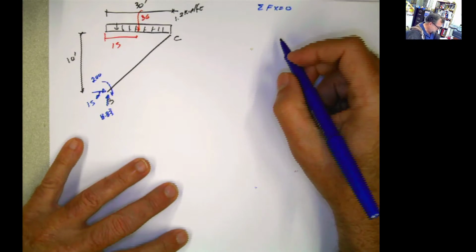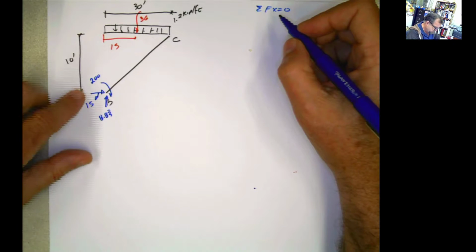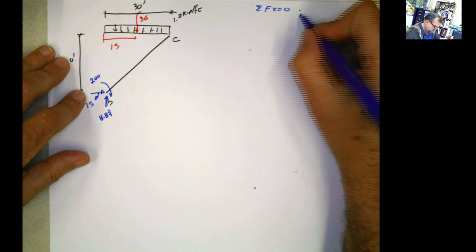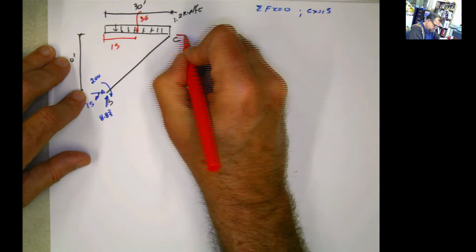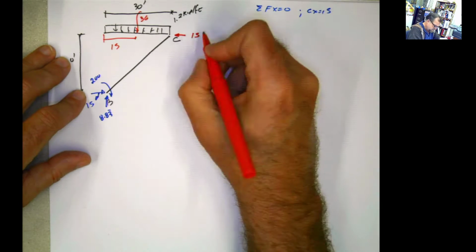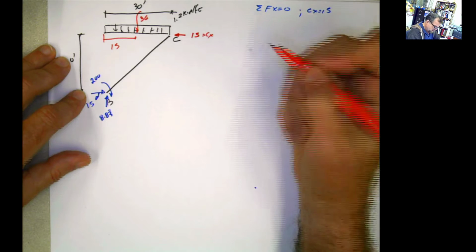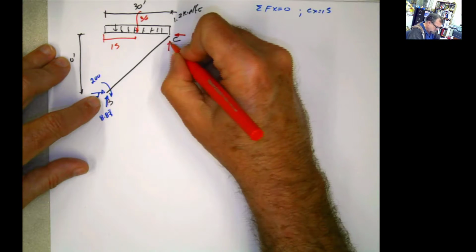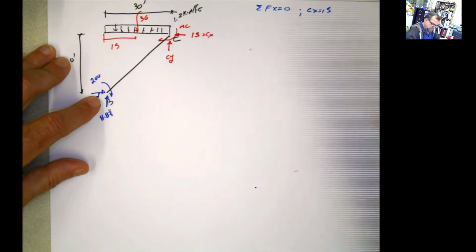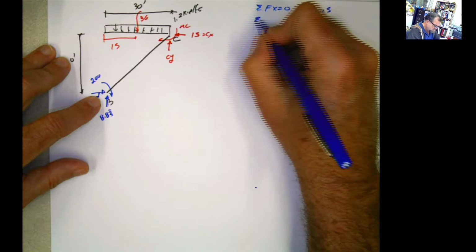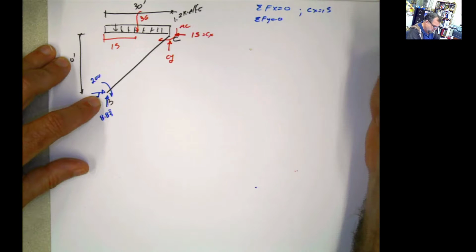I have 15, Cx equals 15. I'm going to put it here. Now I'm going to have this other force here acting here, Cy, and I'm going to have a moment here, Mc also. So if I do summation of forces in y equals 0 now, what do you get?